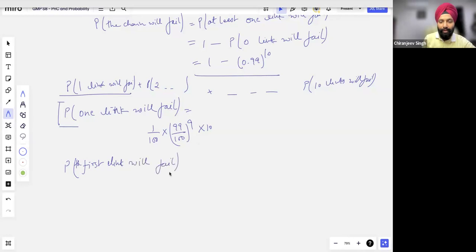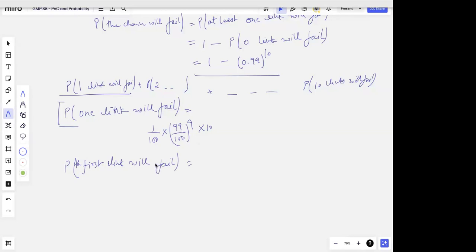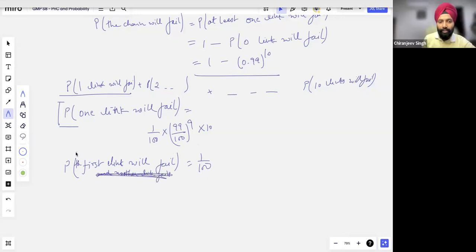What is the probability? 1 by 100. Basically only the first link fails.